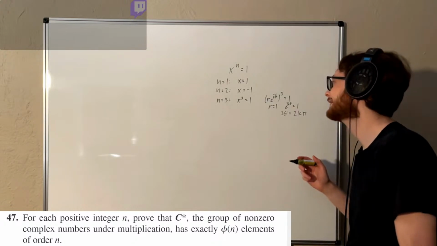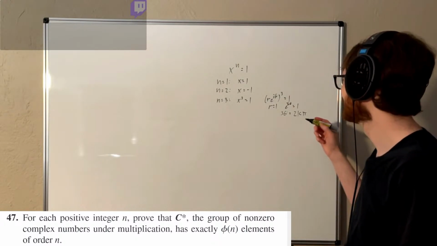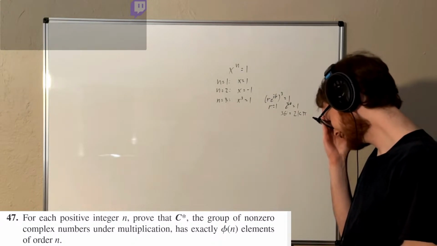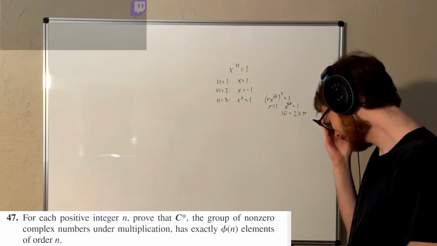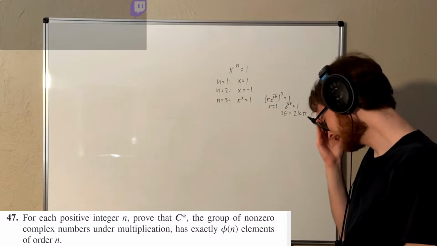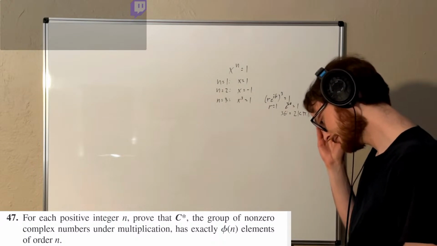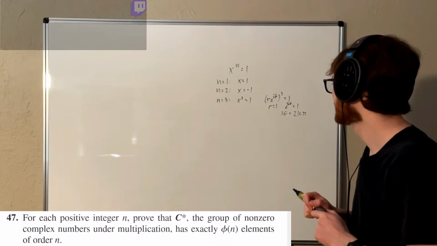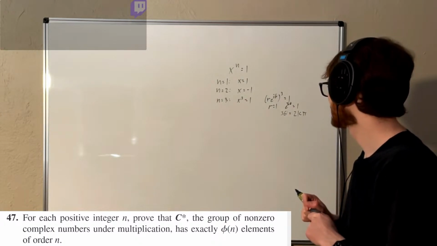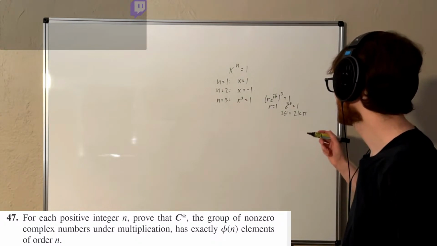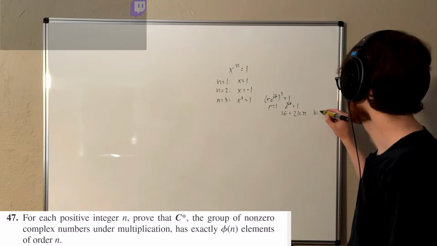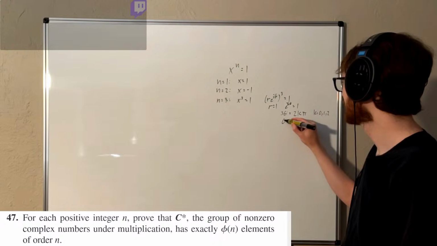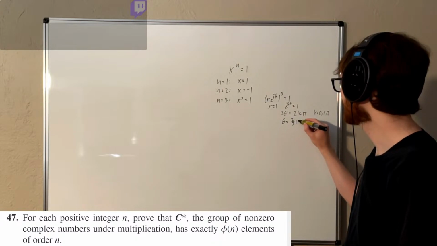Okay. And is it 2k pi? I guess it would be for k equals 0, 1, 2, I think is the rule. So theta equals 2/3 k pi.